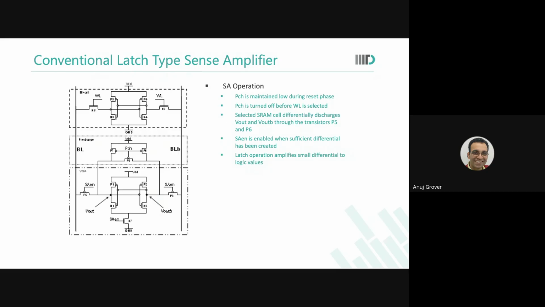Now, if I put a sense amplifier, I design a sense amplifier over here, it would see that, let us say, this is transistor A, this is transistor B. It would see that transistor A has a different VT than transistor B. Let us say higher VT.